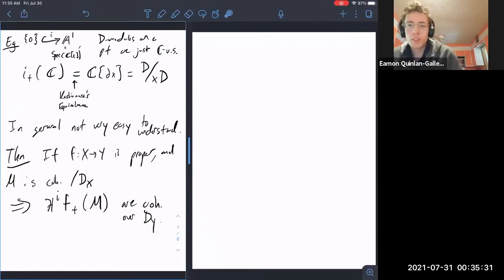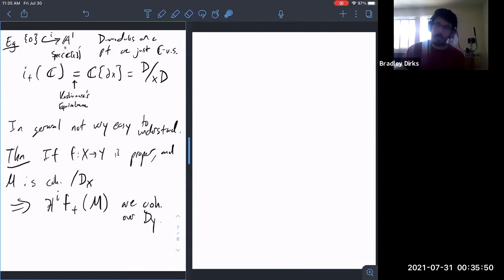Brad, oh, sorry to interrupt. Maybe just a comment about the example, because I think in this seminar, a lot more people might be familiar with another description of this module, which is the first local cohomology of C[x] supported on x. Yeah, the i plus C. I think this also looks like C[x, x inverse] mod C[x].